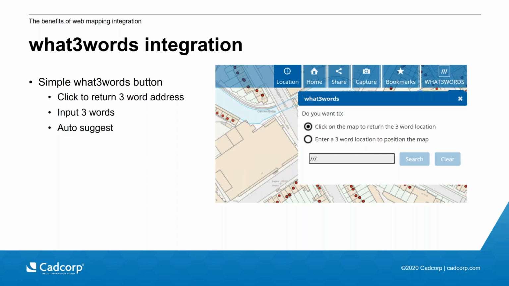If you know what that 3-word address is, you can input the 3 words and it will locate accordingly to the correct place on the mapping interface as well. And as Patrick has said, it also has an auto suggest feature as well. So if you start typing in the first 2 words and the start of the 3rd word, it'll start recommending locations that you can go to based on the words that you're putting in. So it's quite an intelligent application.